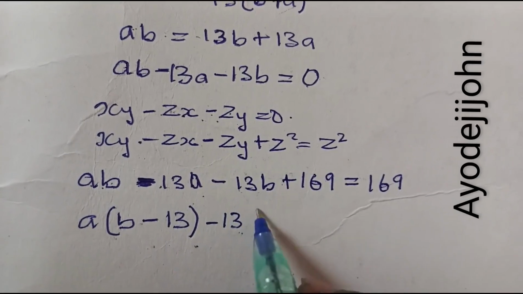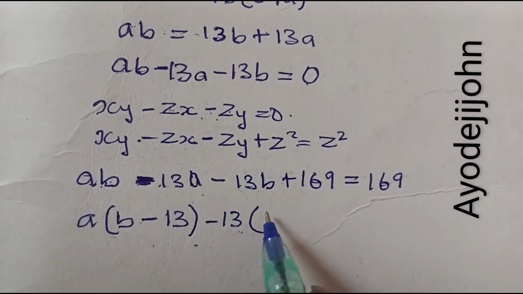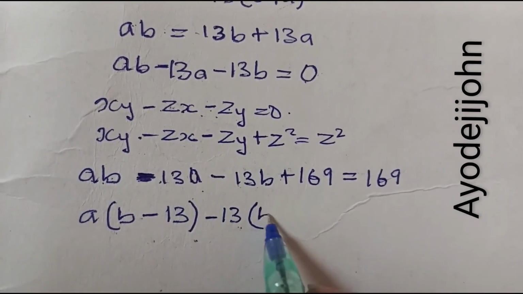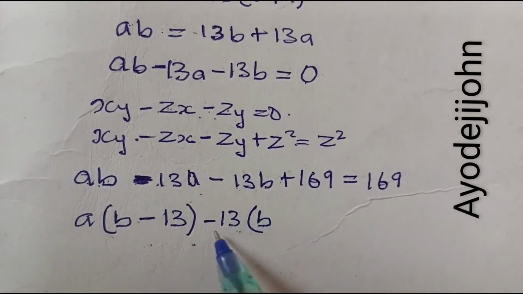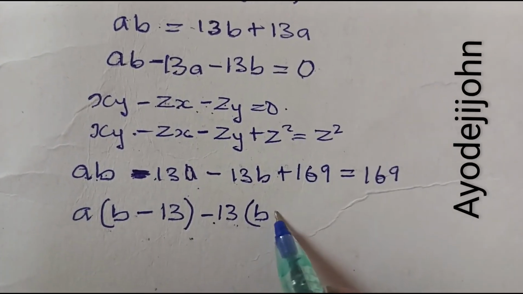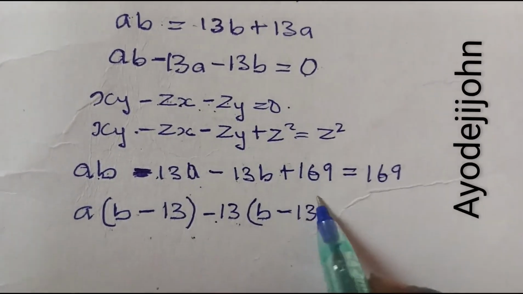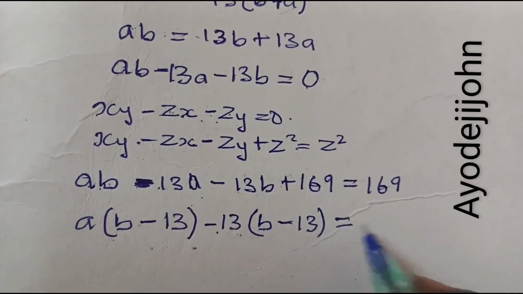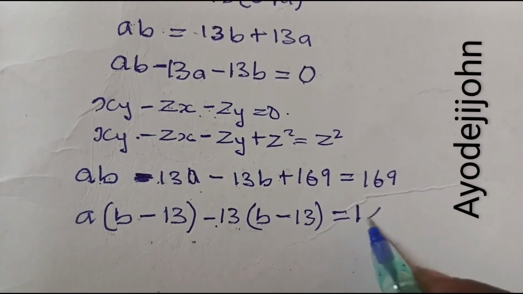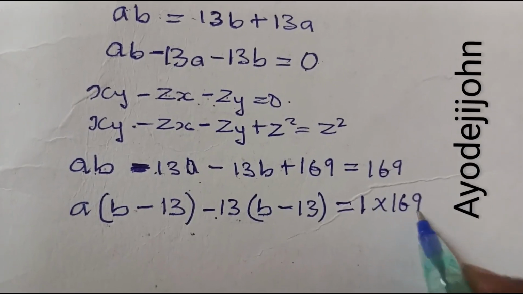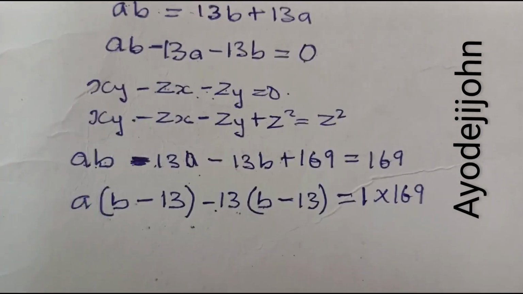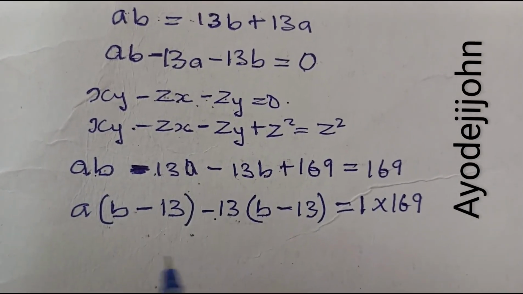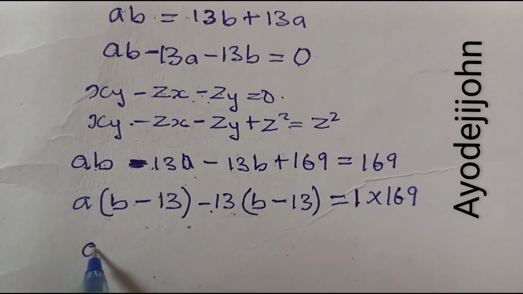Minus 13B divided by minus 13, that's B. 169 divided by minus 13, that gives us minus 13. Equals to, we can write this as 1 times 169.